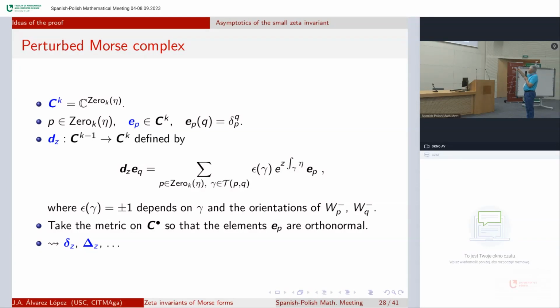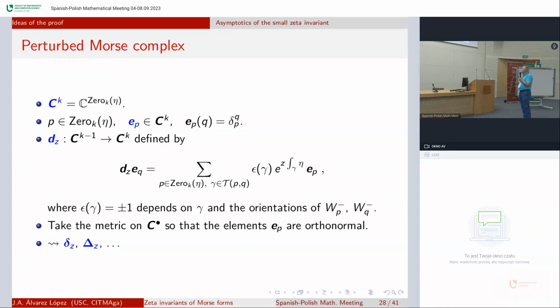This expression contains the elements defined by zero points of degree k, and the coefficients are given by the instantons. So we have the exponential of the parameter z and the integrals of the form eta along the instanton, and epsilon of gamma is +1 or -1, depending on the chosen orientations of the unstable submanifolds.